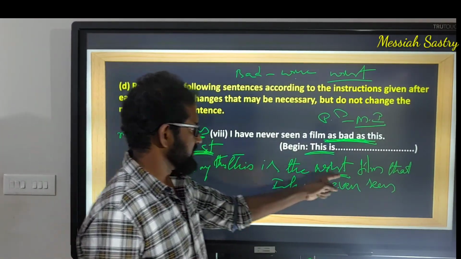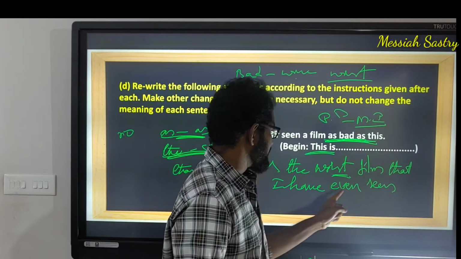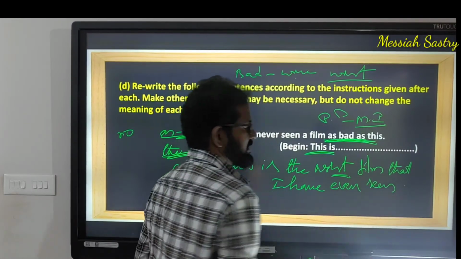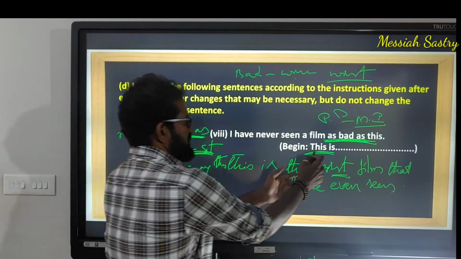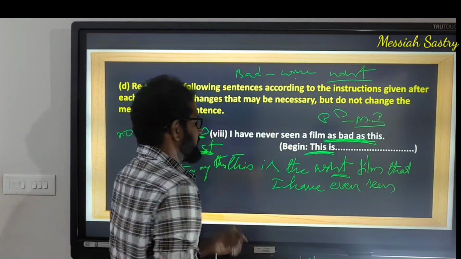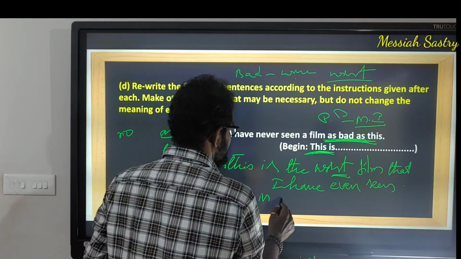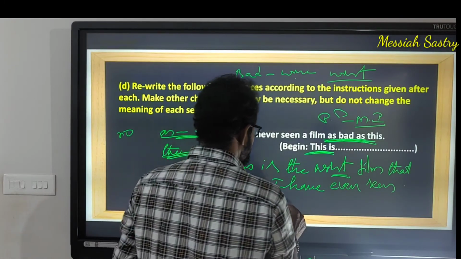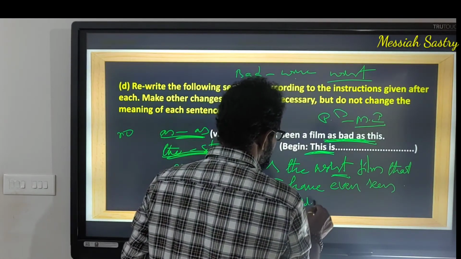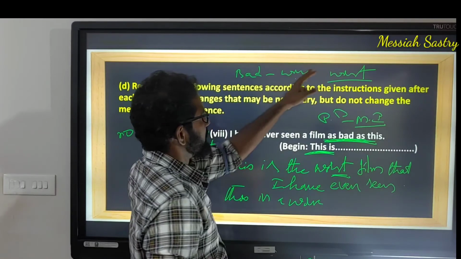This is the worst film that I have ever seen. Suppose it asks us to write comparative. We can also write, because it asks us to start with this is. We can also write with the comparative. This is a worse film, comparative means we write worse, not worst.